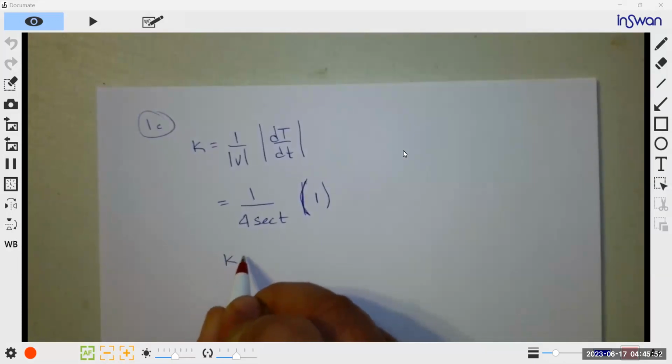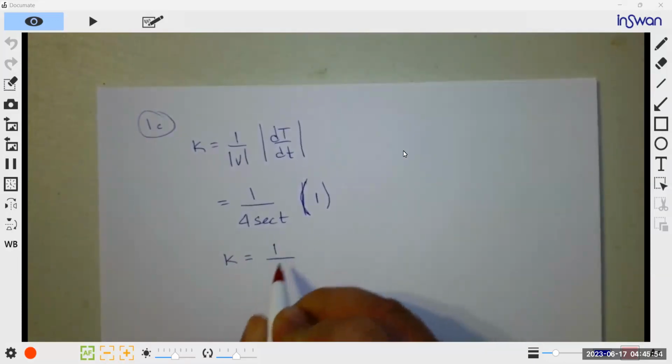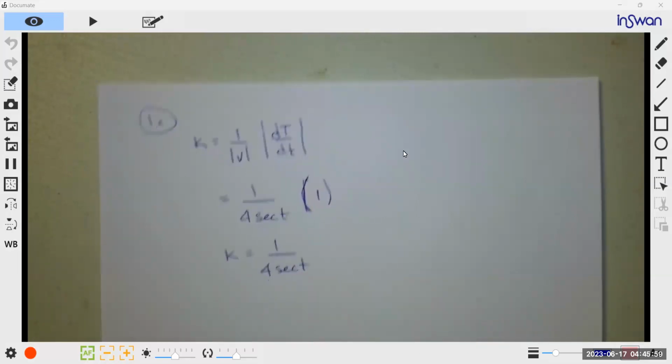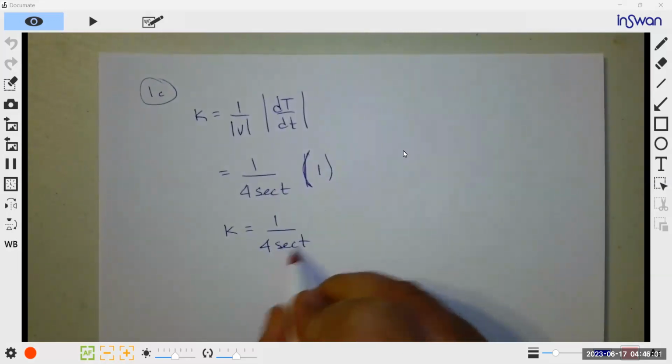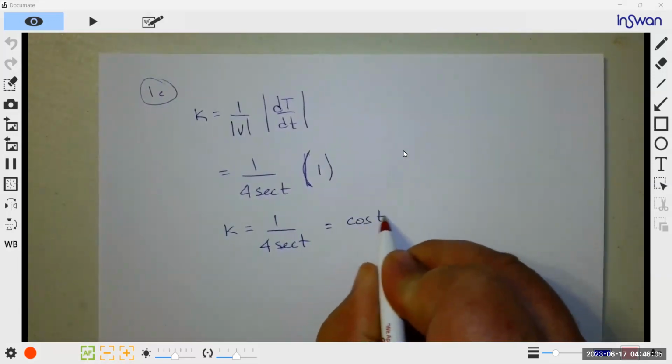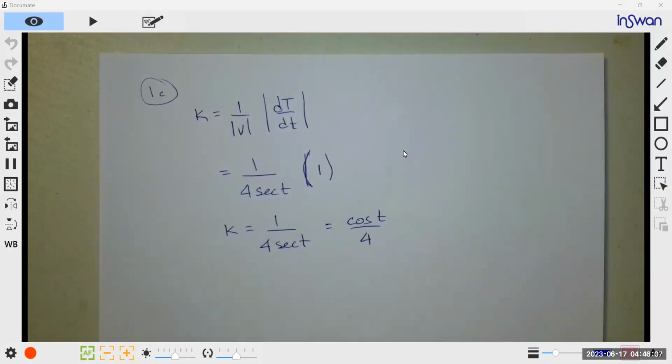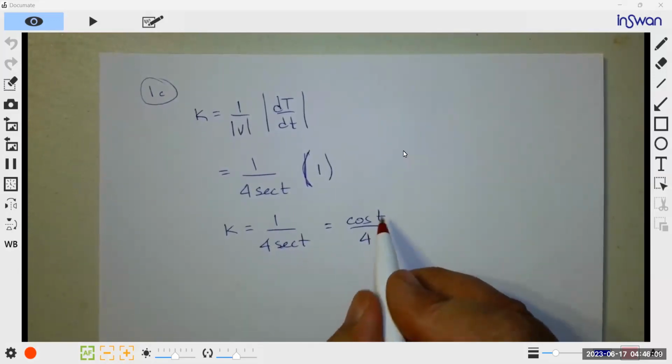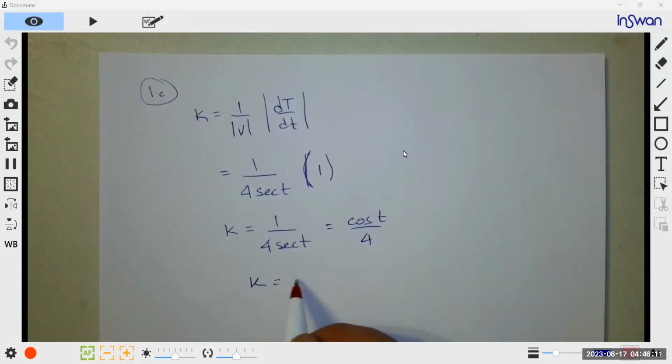So K is equal to 1 over 4 secant t. Again, secant t is 1 over cosine, so it's cosine t divided by 4. There's our final answer.